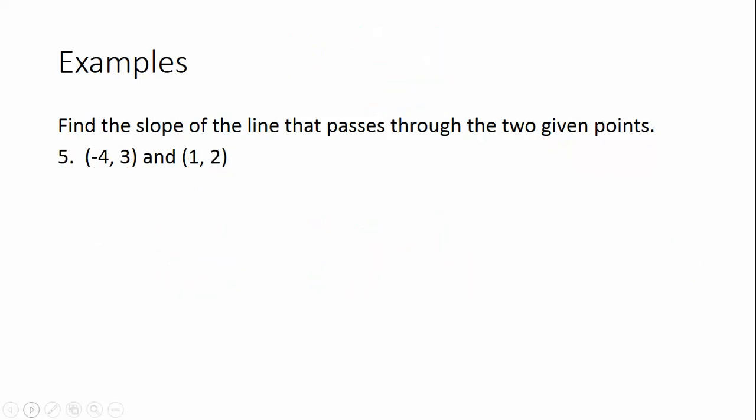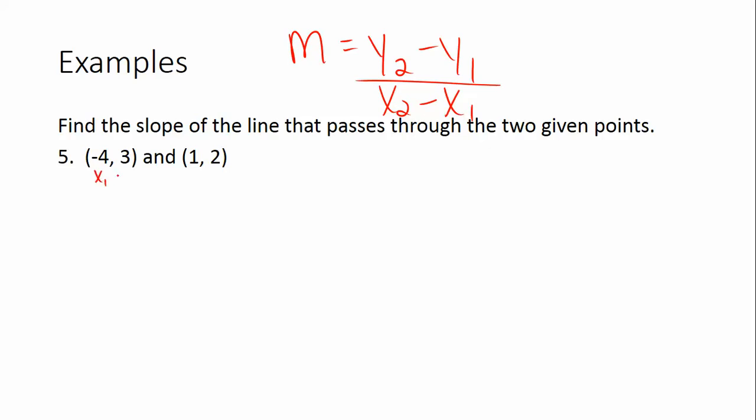Next example, we have negative 4/3 and 1/2. So again, slope equals y2 minus y1 over x2 minus x1. So if we label our ordered pairs, x1, y1, and x2, y2, that gives us 2 minus 3 over 1 minus negative 4.